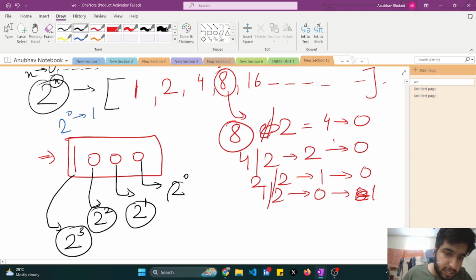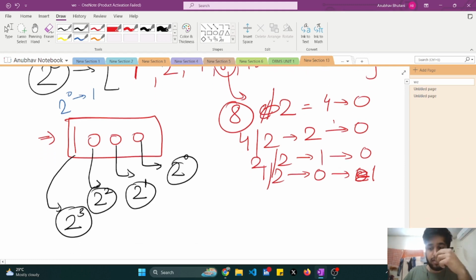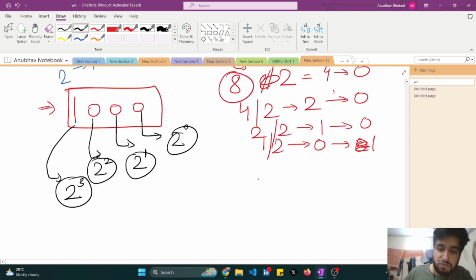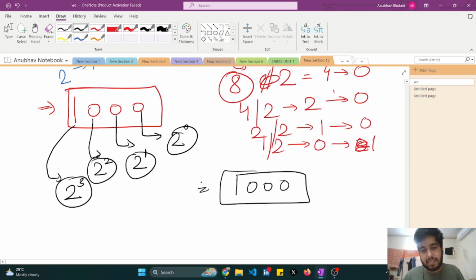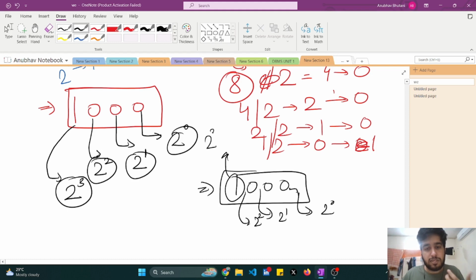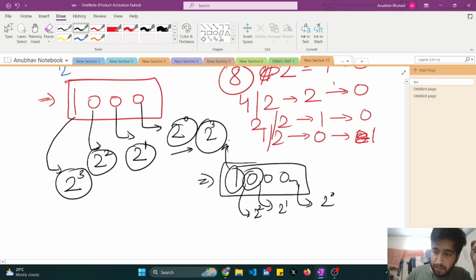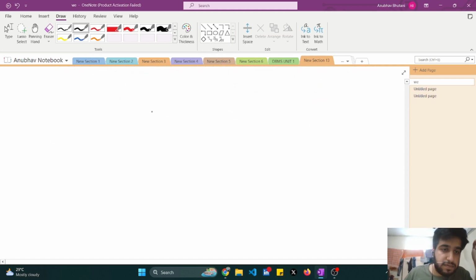So if I traverse from the right-hand side, the last digit would be occupied by 2 raised to power 3. For 8, it was 1 0 0 0.